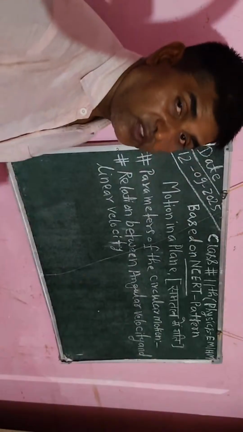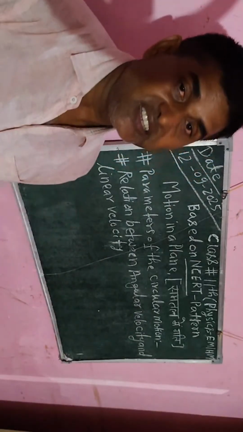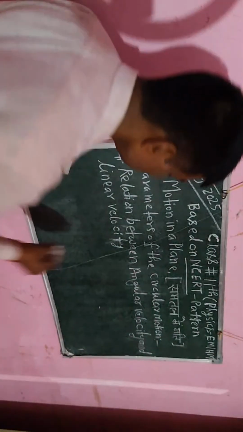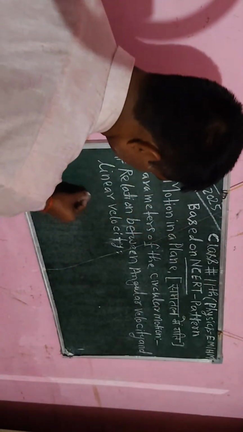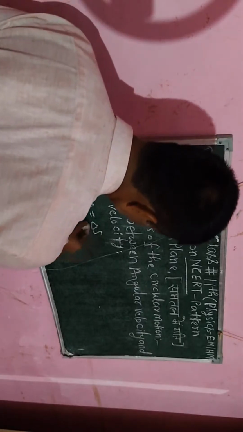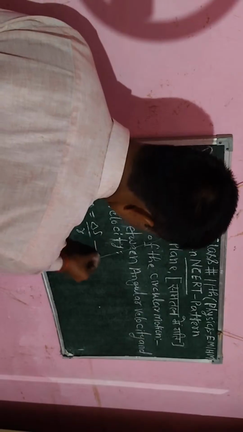Please stay on this live video, and I will explain each and every term in detail, so you will get the relation. Angular velocity, that is delta theta, is written as delta s divided by r. This is one relationship.